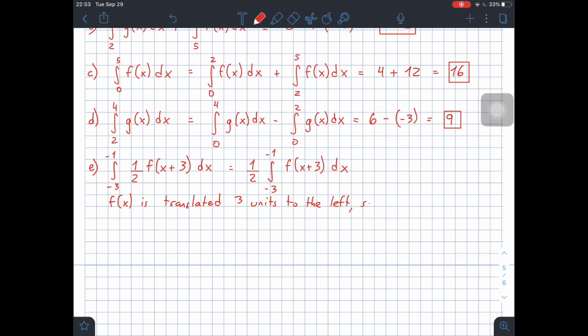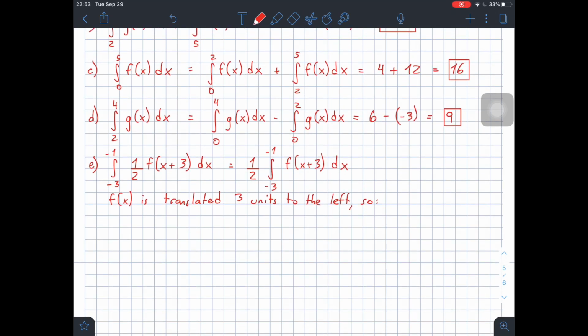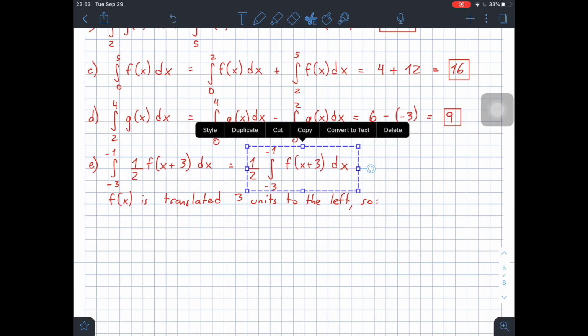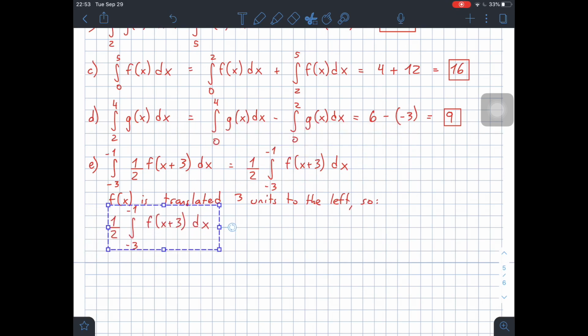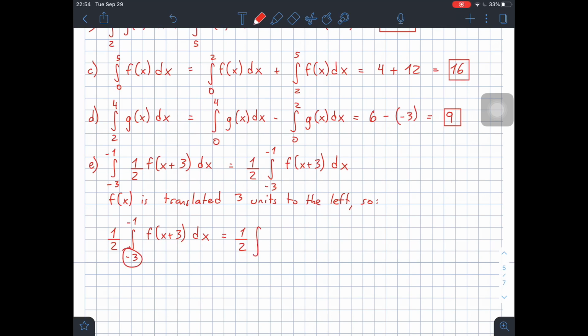So we can rewrite this, let me copy this back again. We can rewrite all of this there as 1/2. We're going to keep the 1/2 there, but since we're moving it 3 units to the left, now this is displaced 3 units to the left.